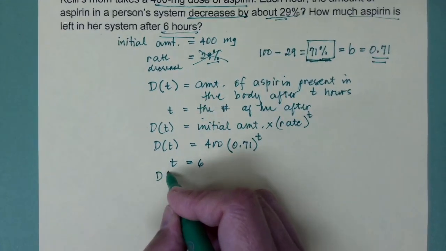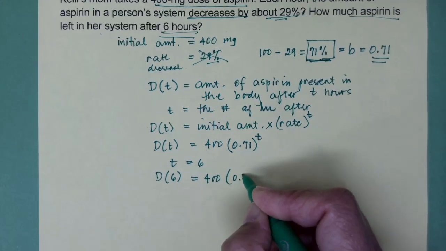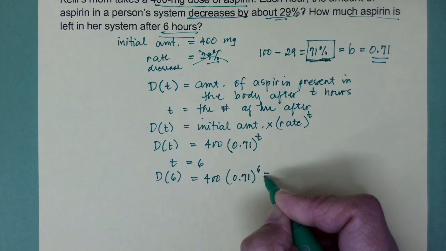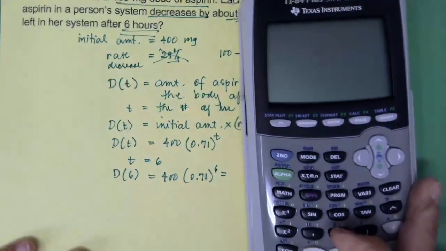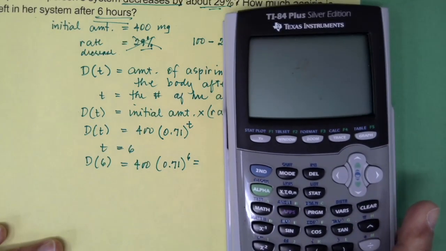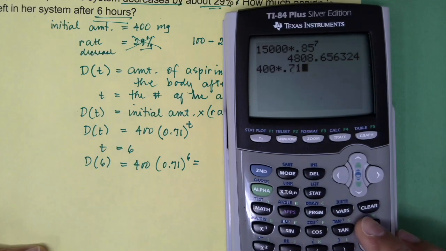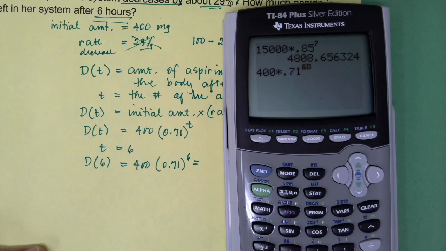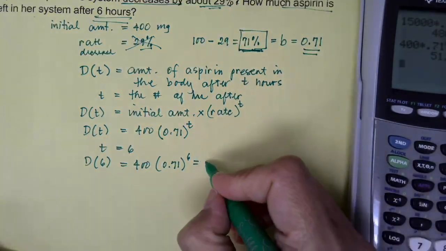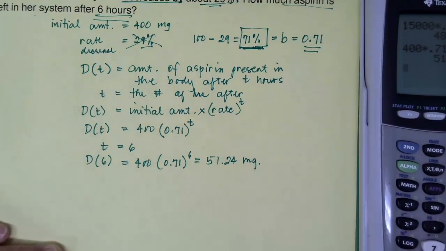So we are looking for D of 6, and that's equal to 400 times 71 hundredths raised to the power 6, and that gives us about 51.24 milligrams of aspirin.